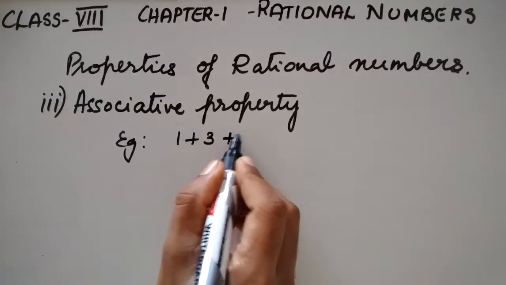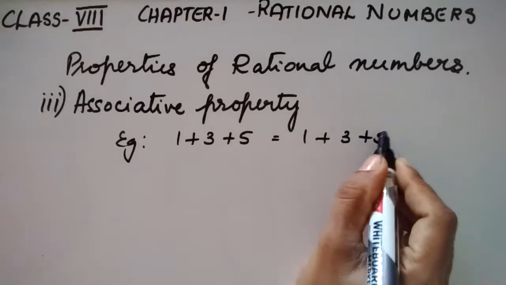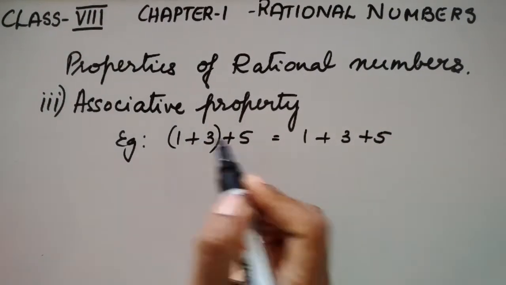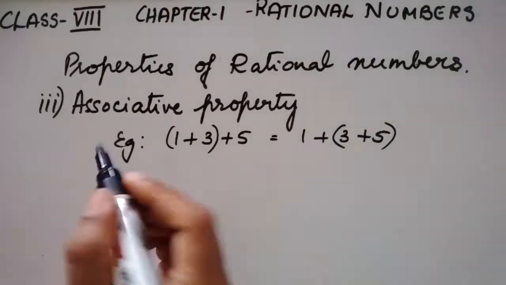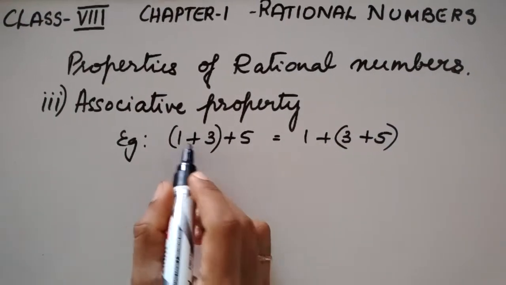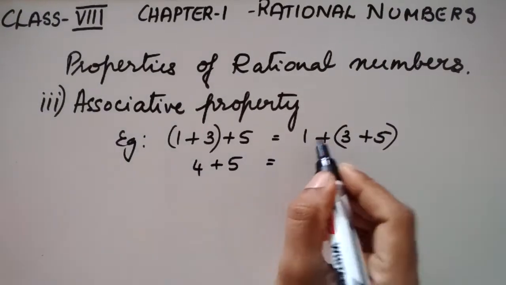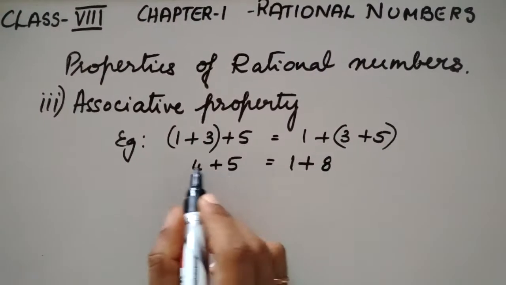1 plus 3 plus 5 is equal to 1 plus 3 plus 5. So it is checked with grouping with two numbers here and then here. So here we get 1 plus 3 is equal to 4, plus 5 is equal to 9. Here 3 plus 5 is equal to 8, and 1 plus 8 is 9.